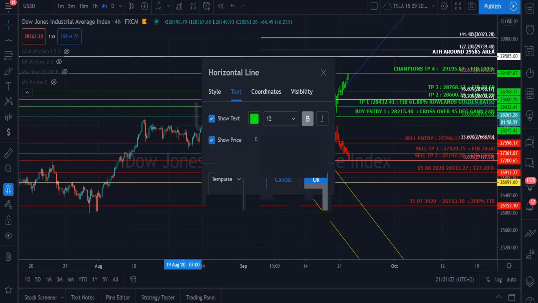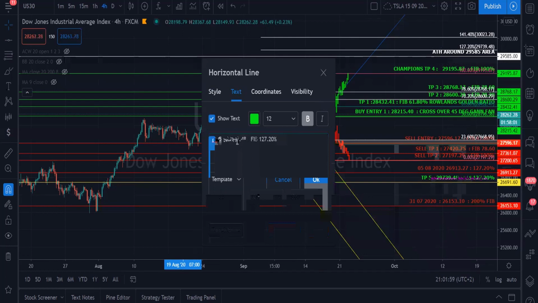The manner in which I came to that figure was, it was a 127% of my Fibonacci. So when I pull my Fibonacci, it gave me 0, gave me 23, gave me 100, and it gave me 127.20. So 127.20%. And then that's going to be my text for the specific line, okay?